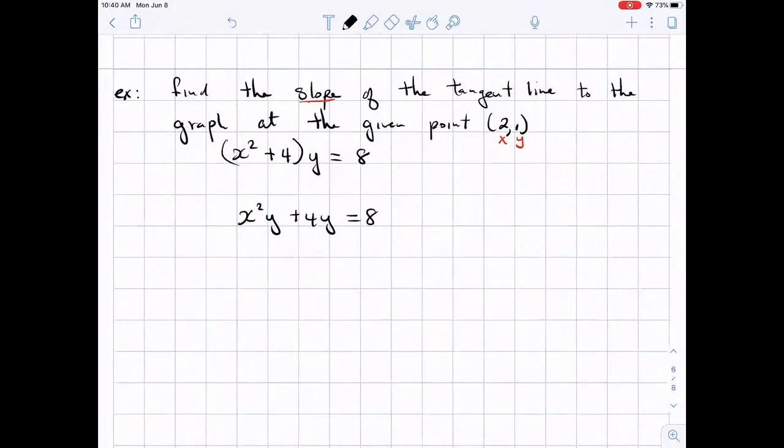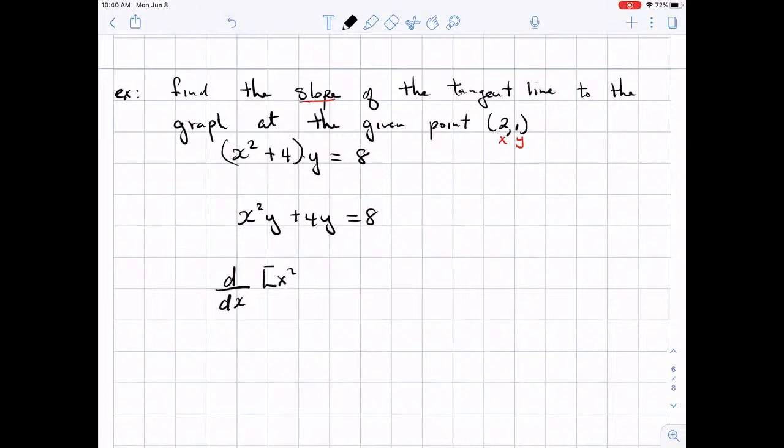And I think it will be easier to see the derivative here rather than taking the derivative of here as a product using the product rule. It doesn't matter. You'll get the same answer. So if we take the derivative of this, since it's implicit, we'll take the derivative of both sides with respect to x.